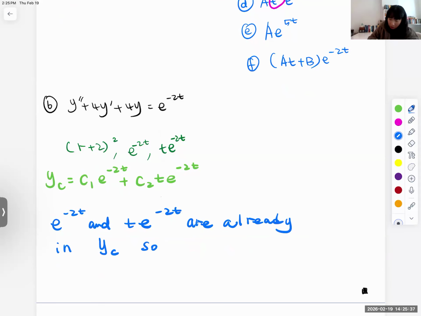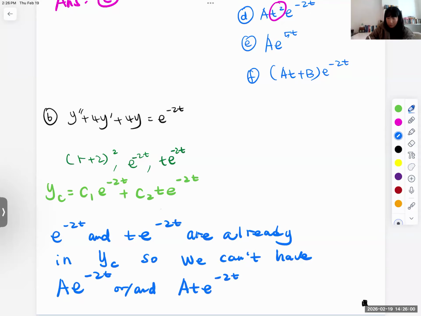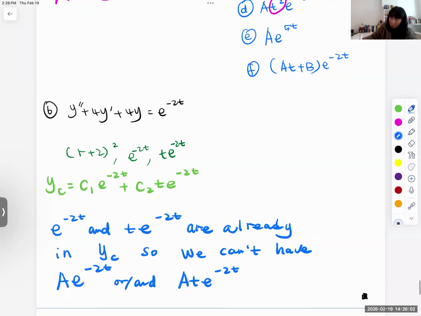So we can't have the form a e to the negative 2t or a t e to the negative 2t, right? That's why we choose t squared. So answer will be D.